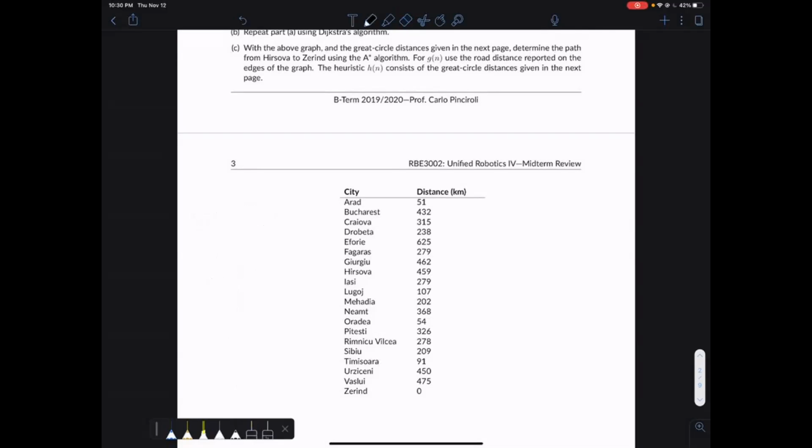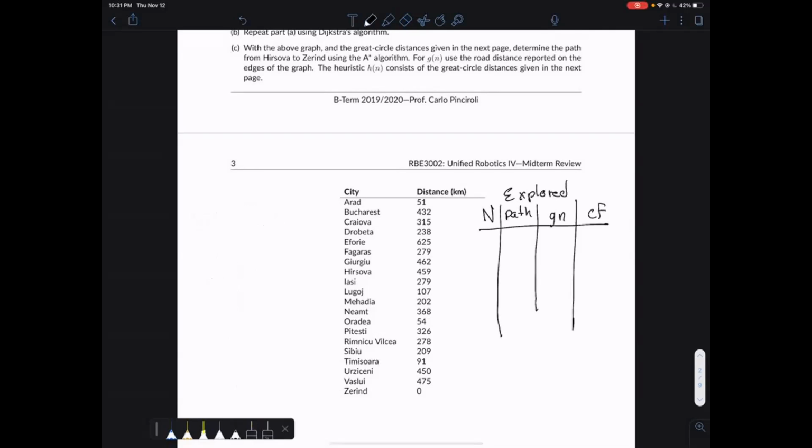So I'm going to do our explored list here, and I'm going to put in a couple of things: the node, our path cost, our g of n, and came from. This is the better way to calculate it while you're doing it live, and then you can back-formulate the answers.